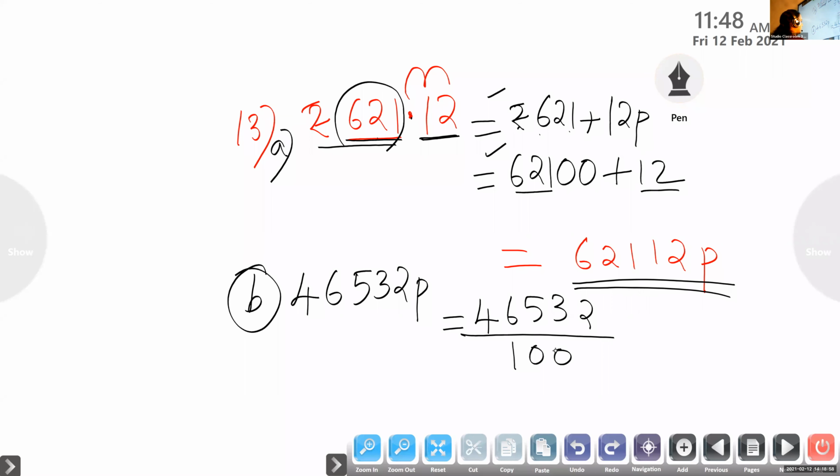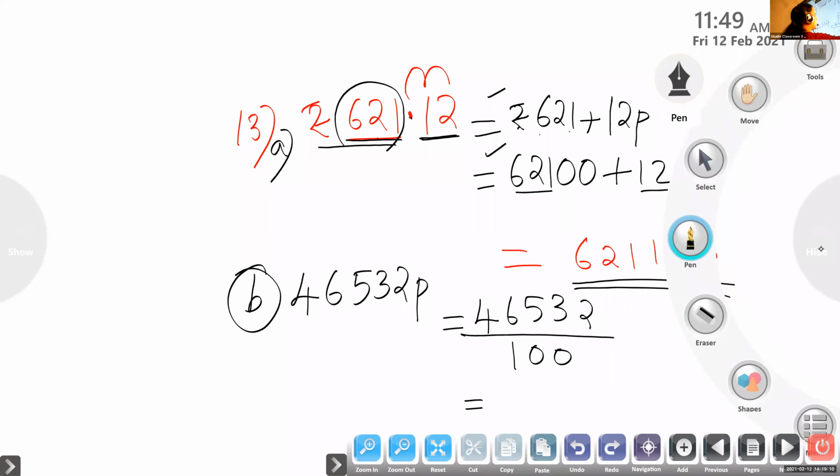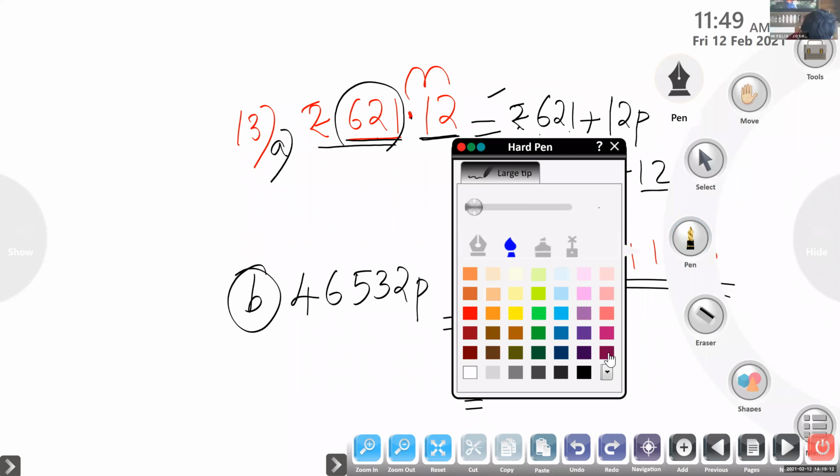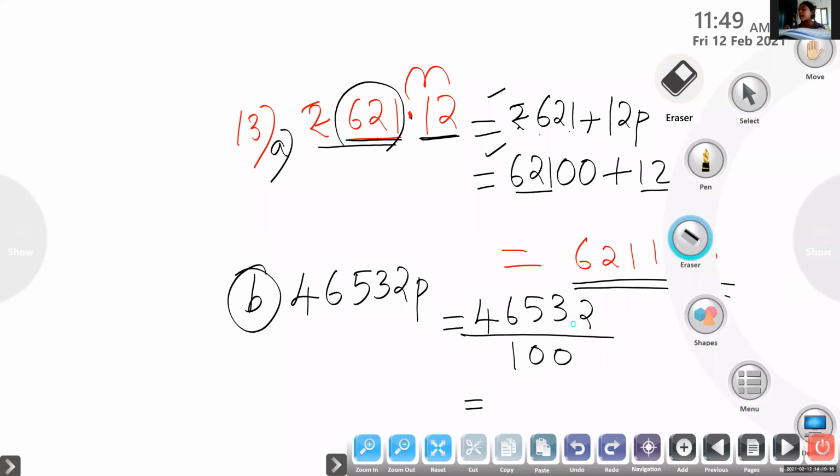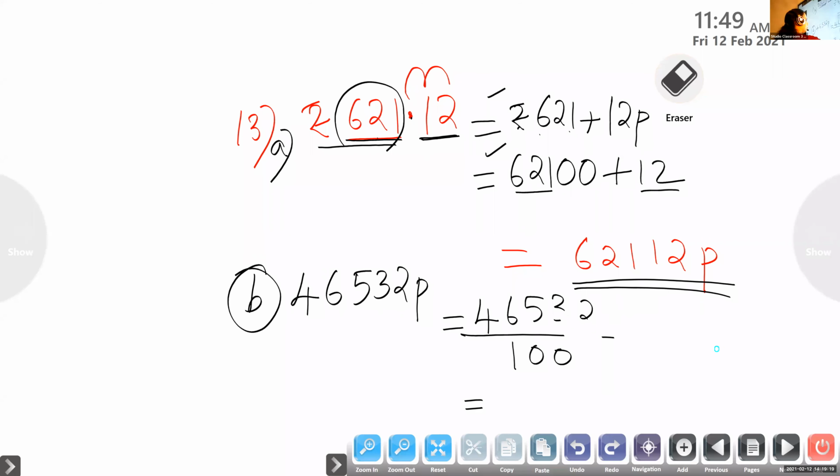This is what we were doing till here. Move the decimal point, how many digits? 2. Move the decimal point 2 digits. Then we will get rupees 465 point 32 paise.